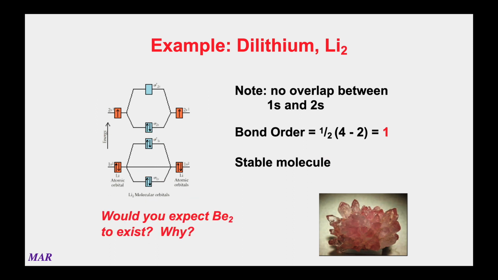Would you expect diberyllium to exist? Now, beryllium has one more electron than lithium. So beryllium would be a 1s2, 2s2. And if you're going to have diberyllium, you'd have 2s2 on the left and 2s2 on the right. And those extra 2 electrons would end up in the sigma star 2s orbital.